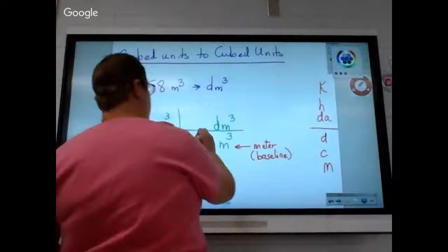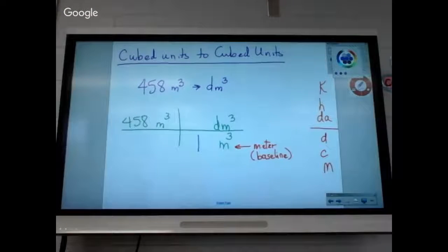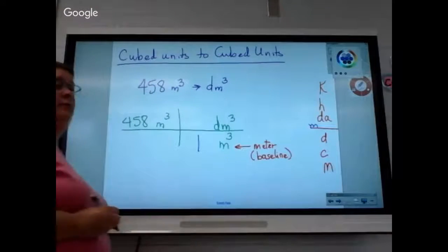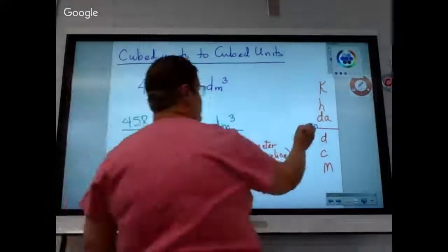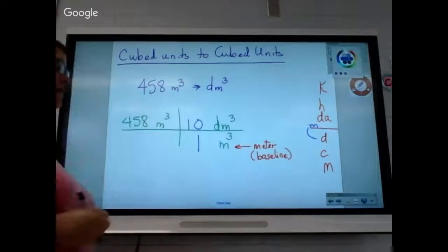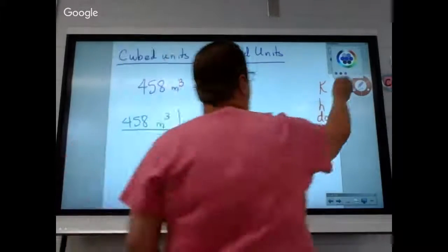So we're going to put a 1 next to the meter. How many spaces between the meter, which is here on this baseline, and the deci? 1. So we're only going 1 space and putting a 10 there. Now, here is the new piece.